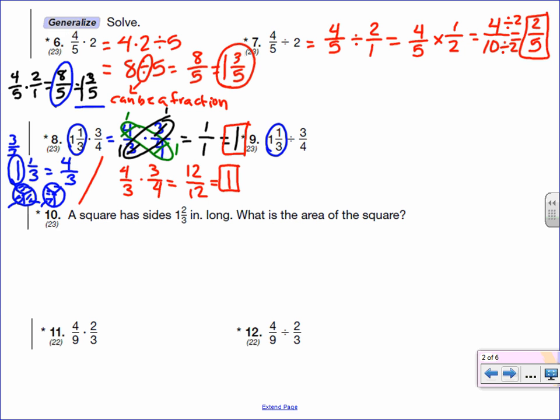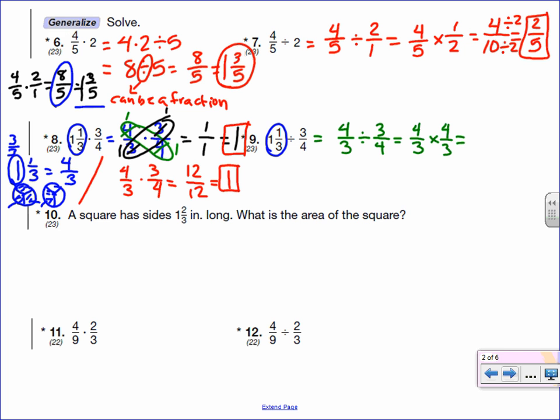And then we already know that 1 and 1/3 is 4 thirds from problem number 8. So this problem then becomes 4 thirds divided by 3 fourths. And when we divide by a fraction, we multiply by its reciprocal. So 4 thirds times 4 thirds. Reciprocal means that you switch the top and the bottom number.